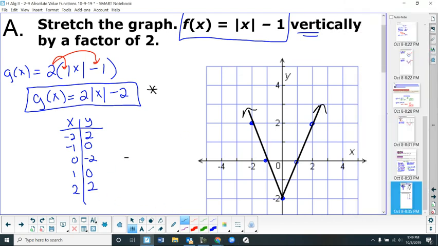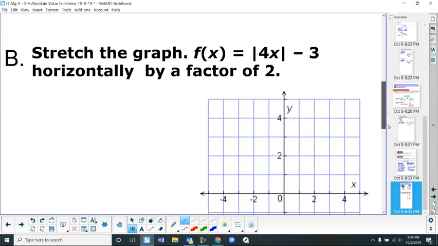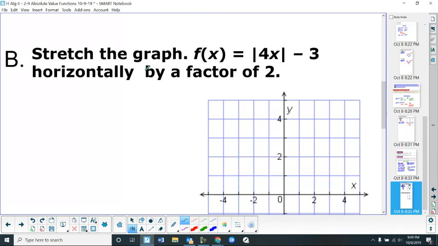Okay. All right. B, let's do this one. Stretch it horizontally. So we're taking this function, and we're doing a horizontal stretch by 2. Remember, horizontal is harder, so we're actually going to multiply 1/2 times x.